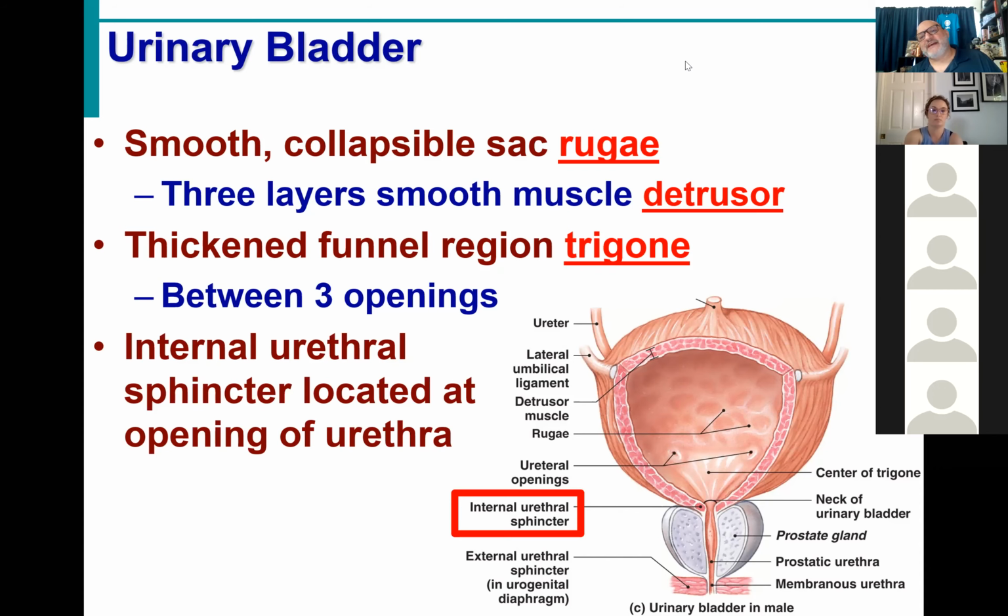But within that detrusor muscle, there is an enlargement of a circular layer of the detrusor muscle right around the opening of the urethra, known as the internal urethral sphincter. Again, this is an enlargement of the circular smooth muscle layer.